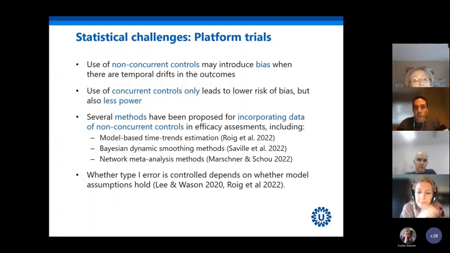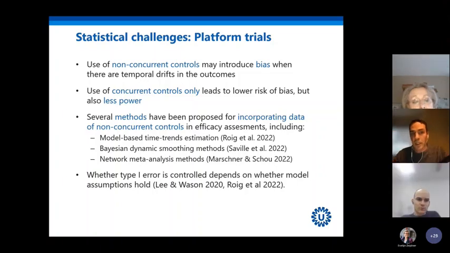The use of the non-concurrent controls potentially introduces bias, especially when there are temporal drifts in the outcome or in the inclusion criteria, or if the patient characteristics change over time. And of course, there's a trade-off, because if you only restrict to the concurrent controls, then you have a lower risk of bias, but you also have less power.